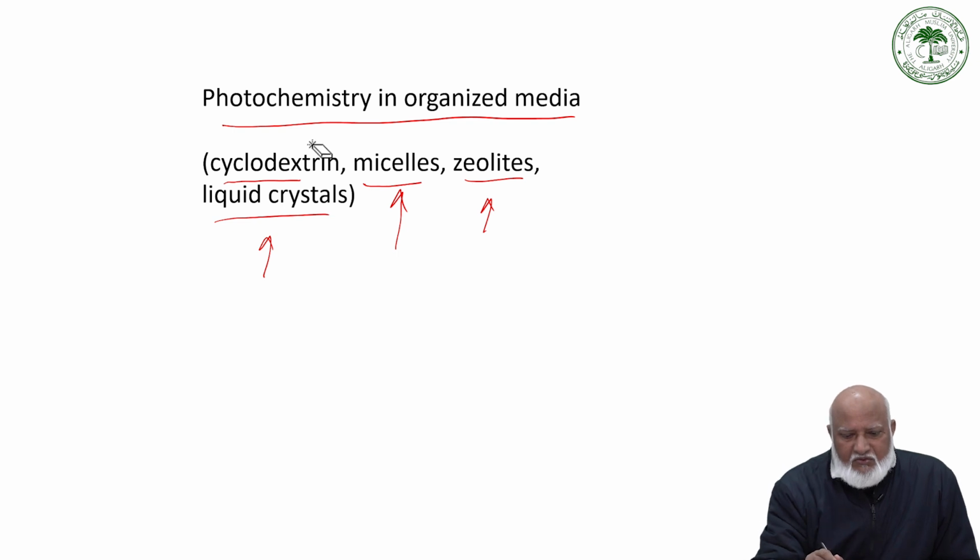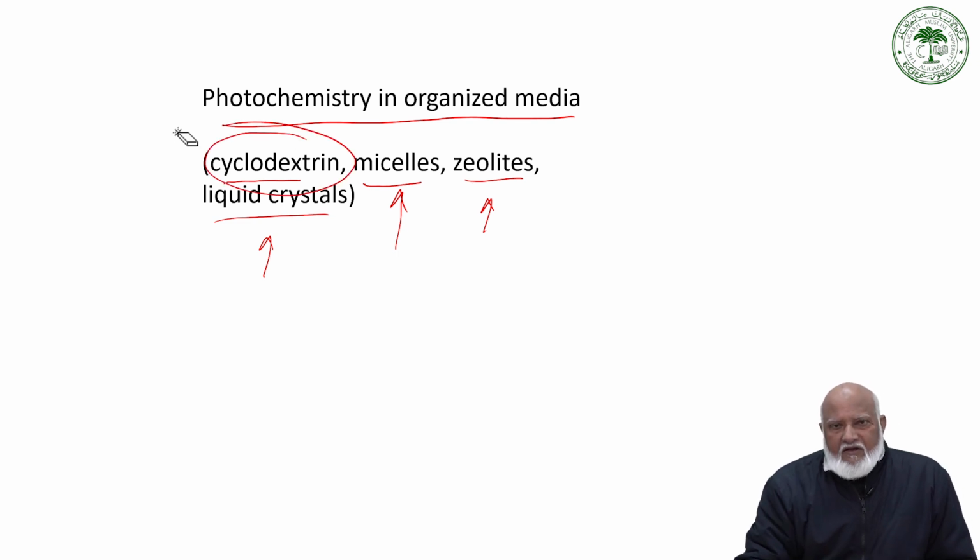I am going to take up only one medium, cyclodextrin, just to see how cyclodextrin brings about selectivity in photochemical reactions, to increase the most wanted cyclobutanol product so that this reaction could be synthetically important.